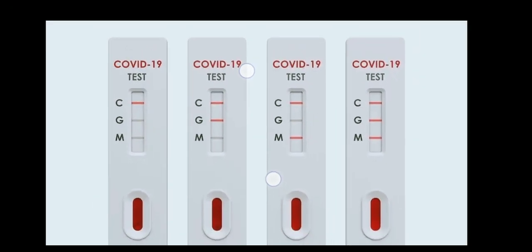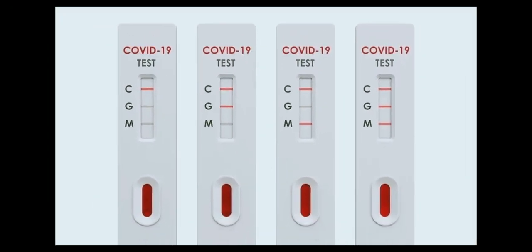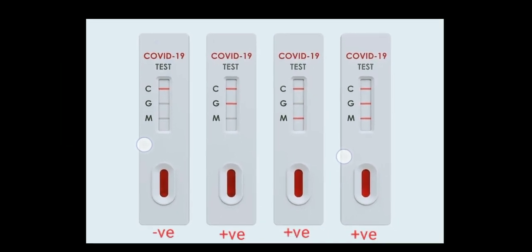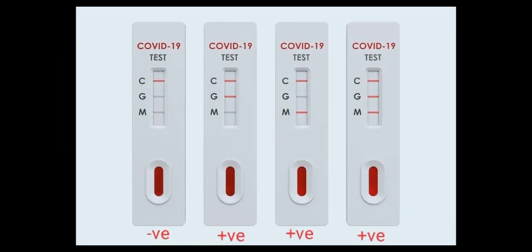And in the last test you can clearly see that there is a red line on both antibodies and the control section also, which indicates that you were infected with the coronavirus 2 to 3 weeks ago, and you are in a recovery phase, a kind of immune now, but you also need to be in isolation. So this was the overall concept for testing, and when it gives positive and negative results.